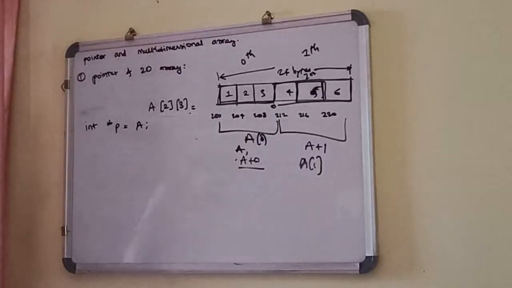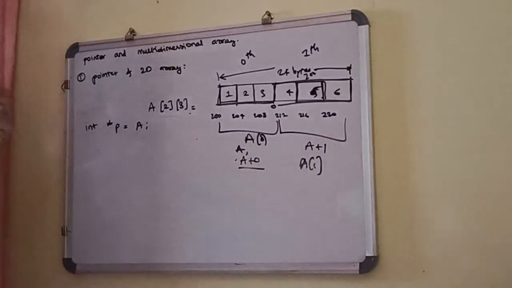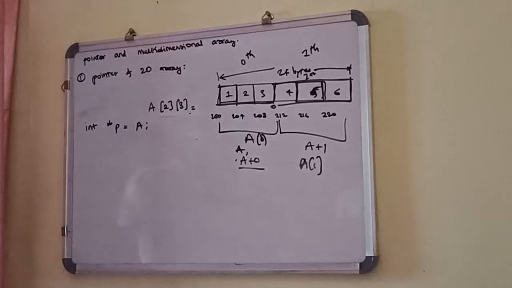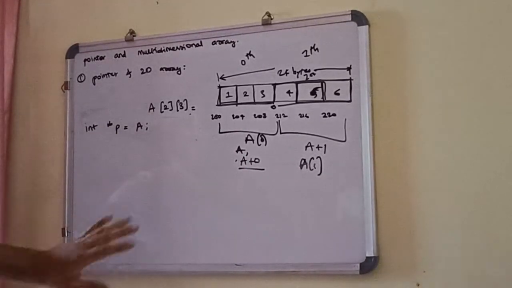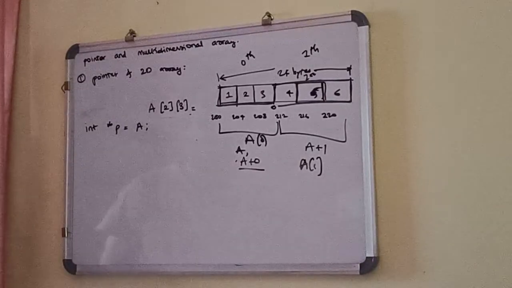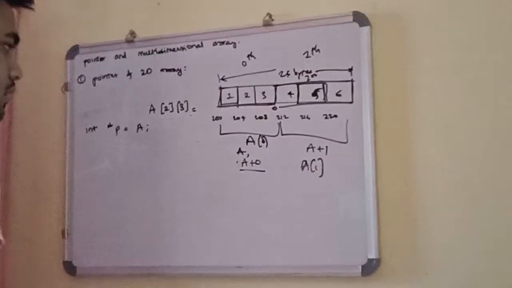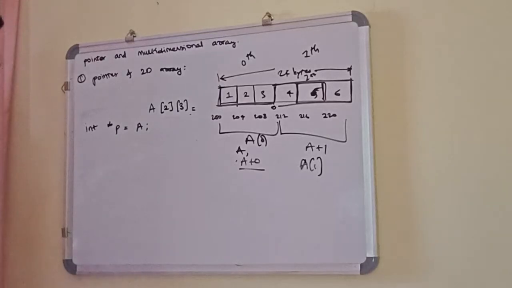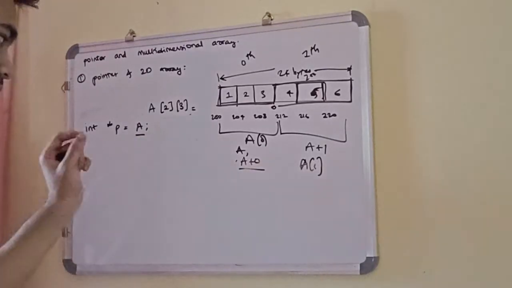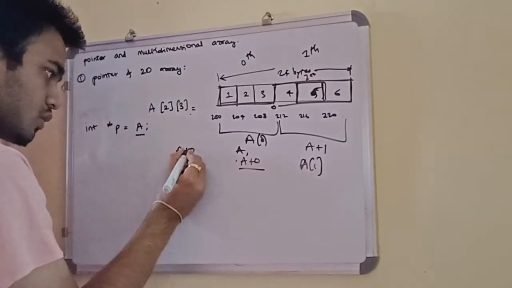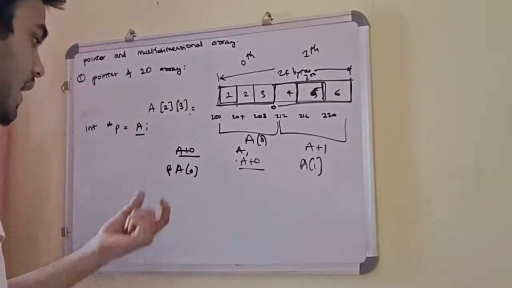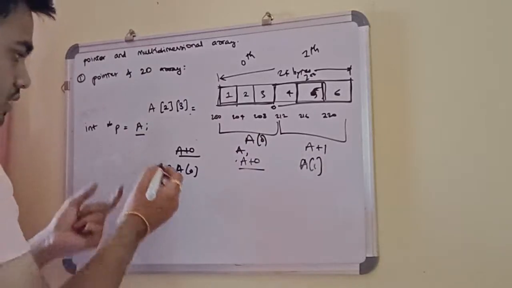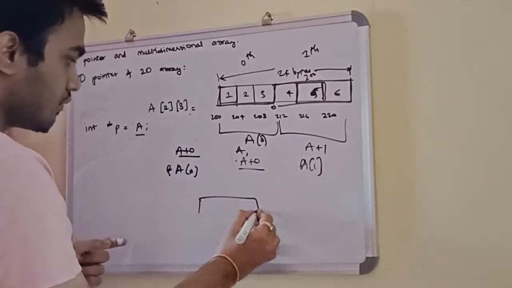If you write int star p is equal to a, this is completely wrong, because we know that a is a 2D array, and here a represents a plus 0 or the address of a of 0, and this complete thing is actually a 1D array.